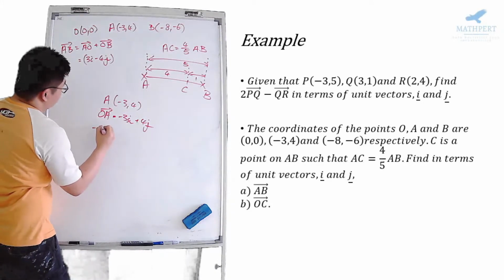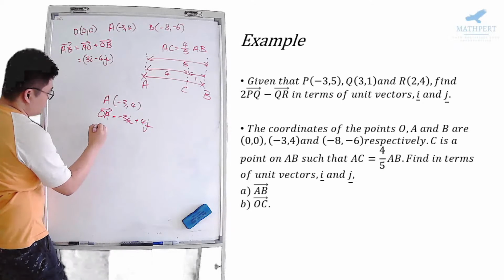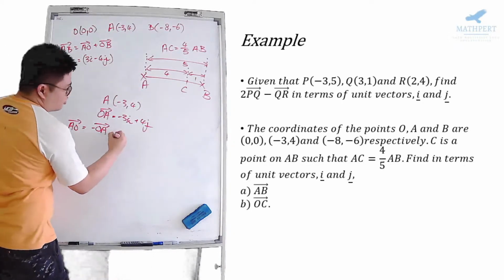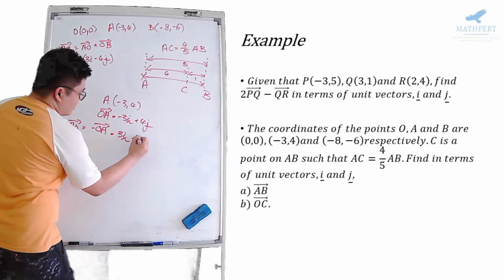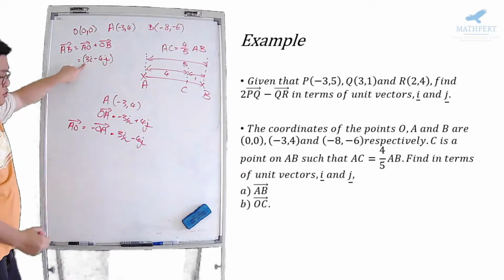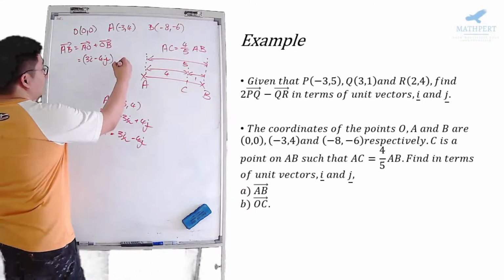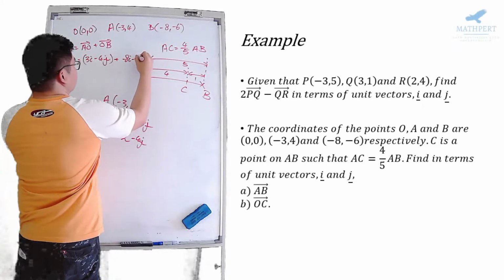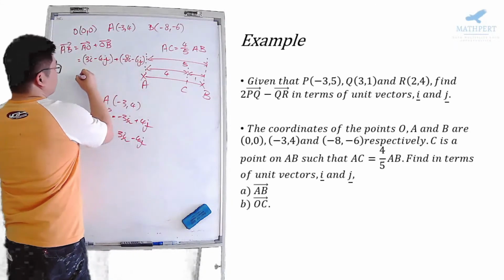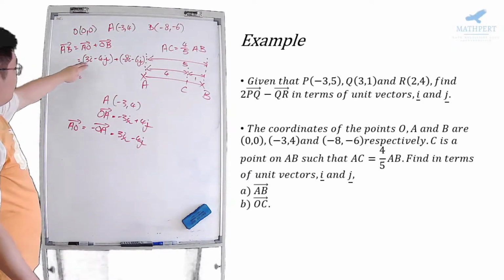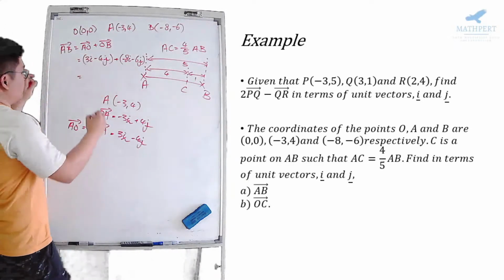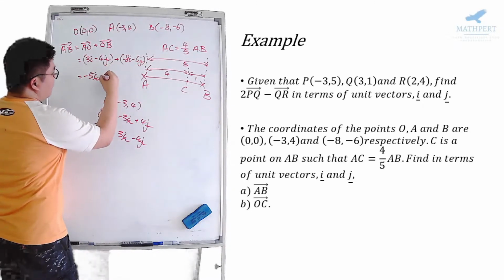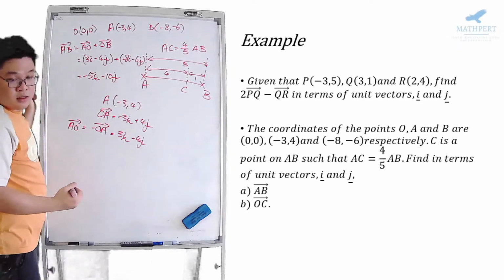Negative OA is equal to AO, which is 3i minus 4j. Over here, 3i minus 4j plus OB. OB is this one, negative 8i, negative 6j. So 3 minus 8, I get negative 5i. Minus 4 minus 6, I get minus 10j.